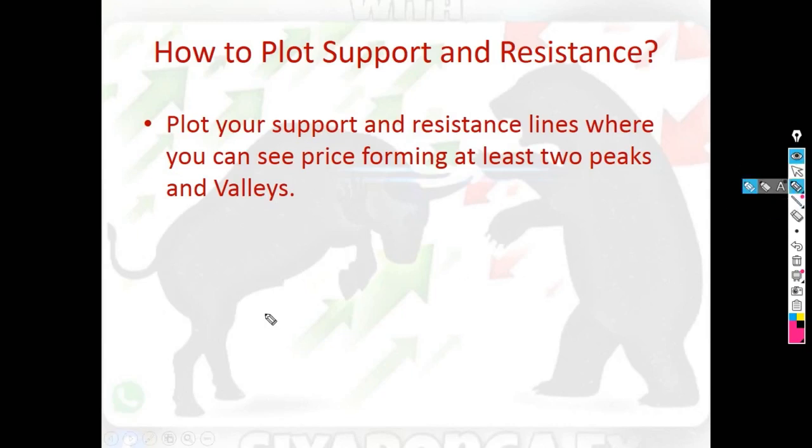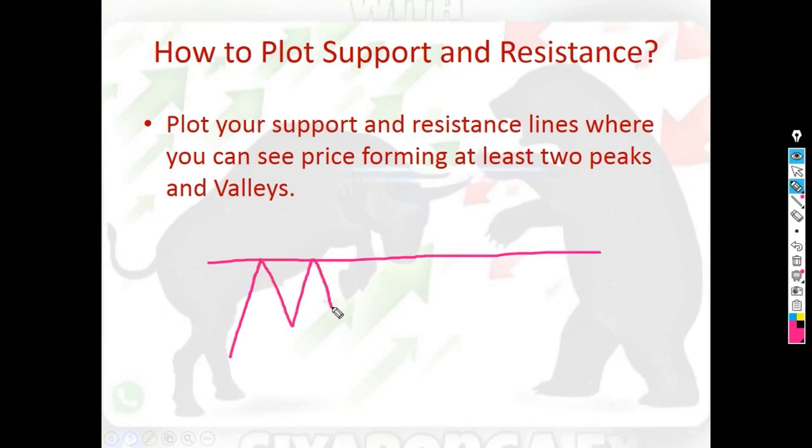So in other words, if this is your resistance, it must be touched by the first peak here, second peak, then when the market is moving away from this level, you can draw your resistance after it has been touched for number 1 and number 2. Then you will wait for the market to come and test it here for potential reversal and continuation.